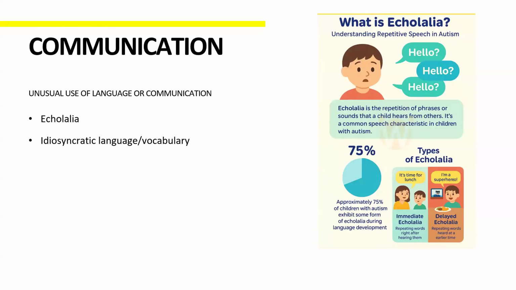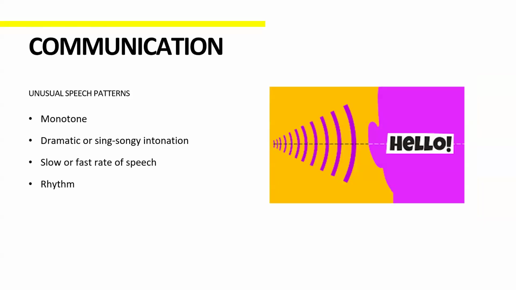An idiosyncratic language and vocabulary refers to an individual's unique use of words and phrases, which may include made-up words, unconventional word associations, or the use of familiar words in unexpected ways or contexts. Additionally, there are often differences in speech pattern. This can look like monotone speaking, dramatic or sing-songy intonation, slow or fast rate of speech, and/or rhythm.